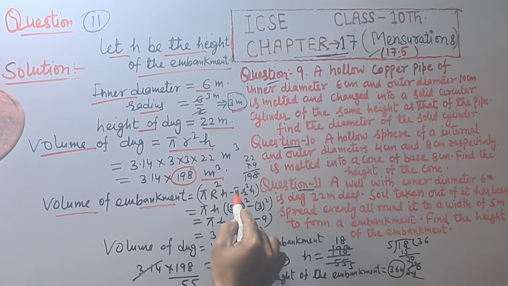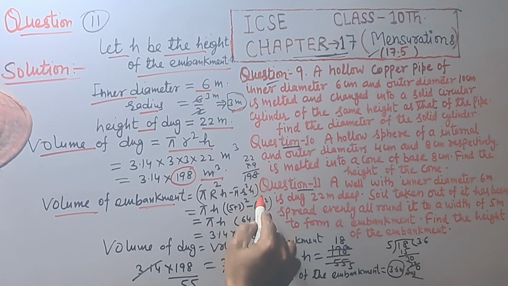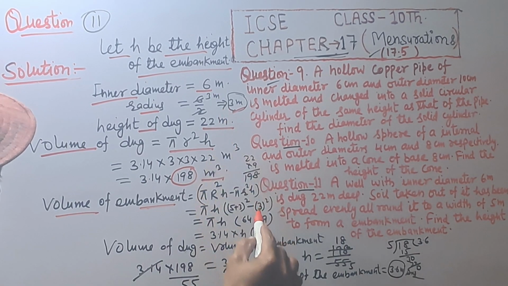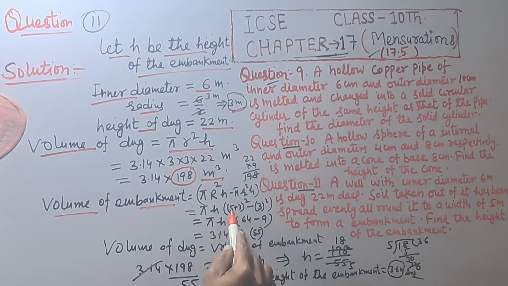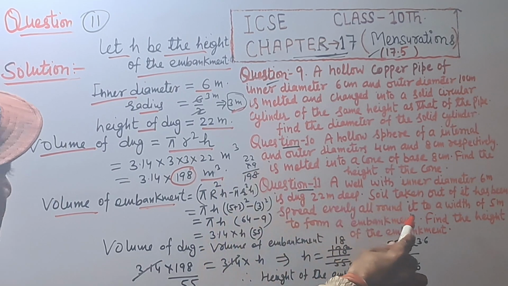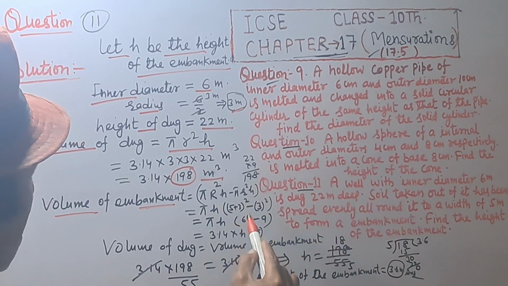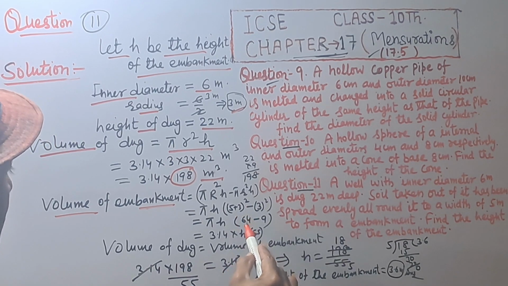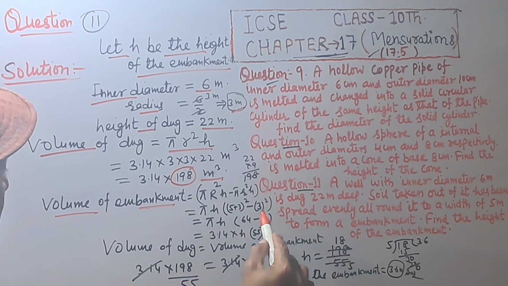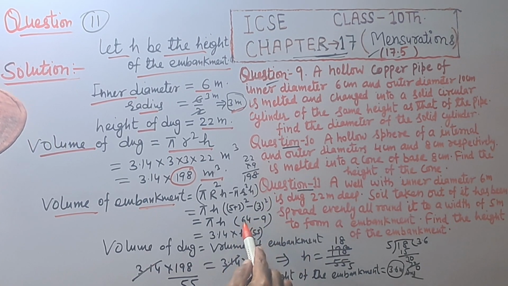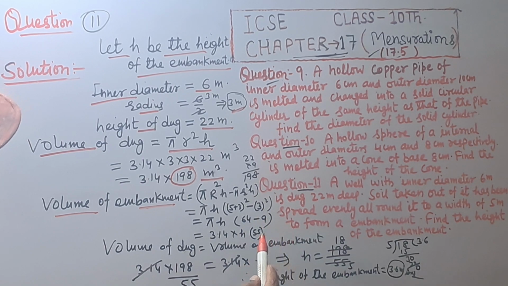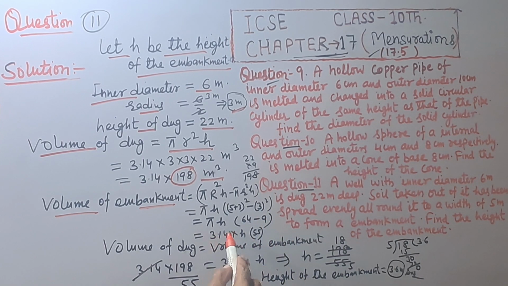R square h minus pi small r square h. Small r is internal radius and capital R is outer, that is 5 meter plus 3. Outer radius is 8, 8 square is 64, 3 square is 9, 64 minus 9 is 55 and pi is 3.14.